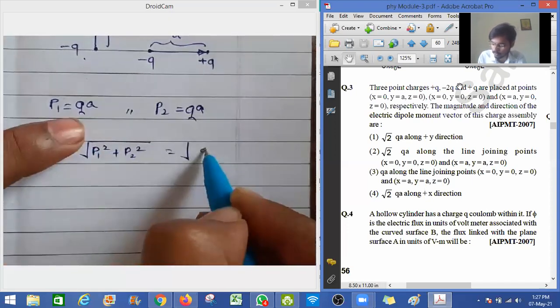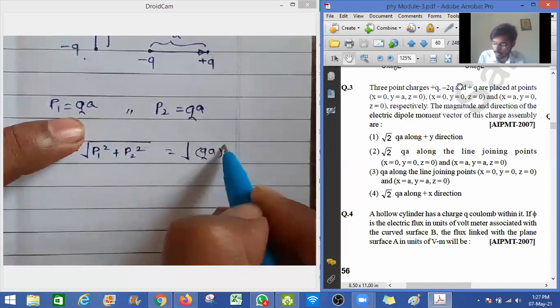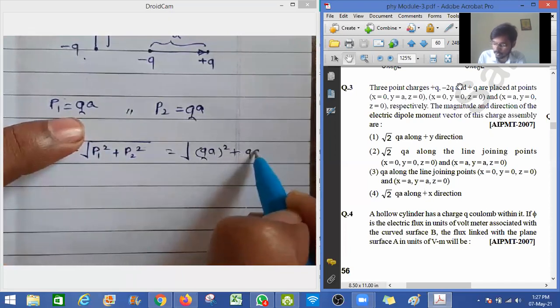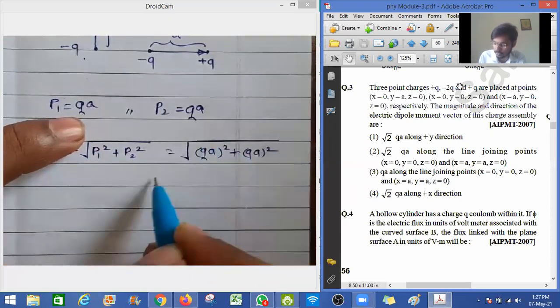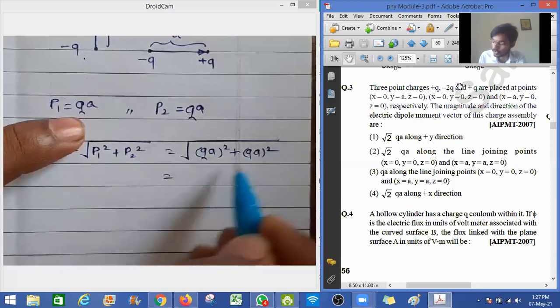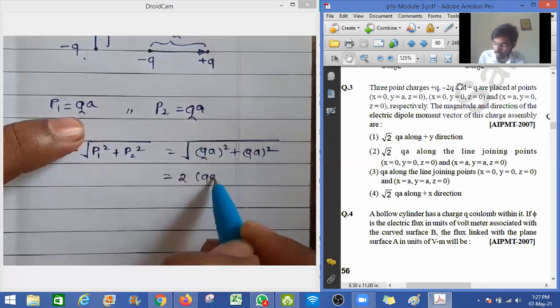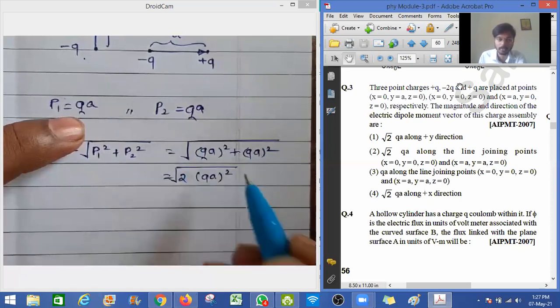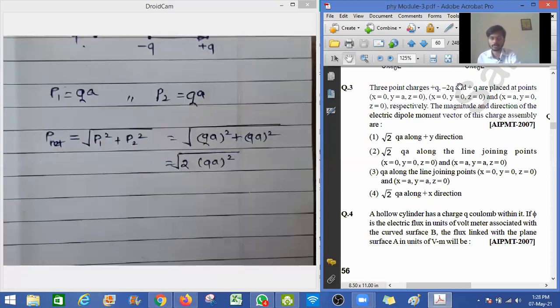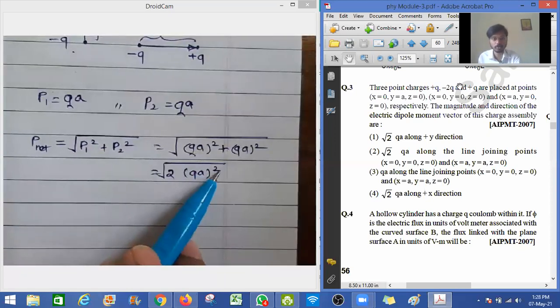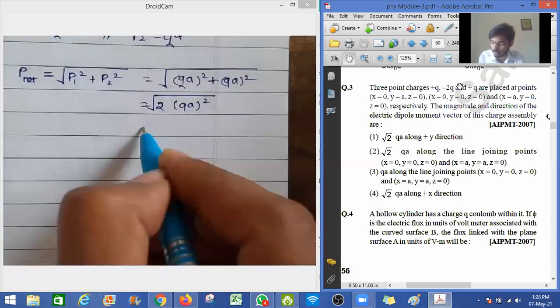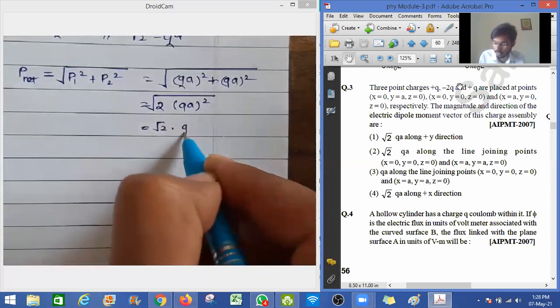So under root (q into a) square plus (q into a) square. So (qa) square plus (qa) square, 2 times (qa) square. बर, स्क्वेअर आणि स्क्वेअर रूट कॅन्सल होते, रूट 2 ॲज इट इज राहते. So what is the answer? रूट 2 टाइम्स q into a.